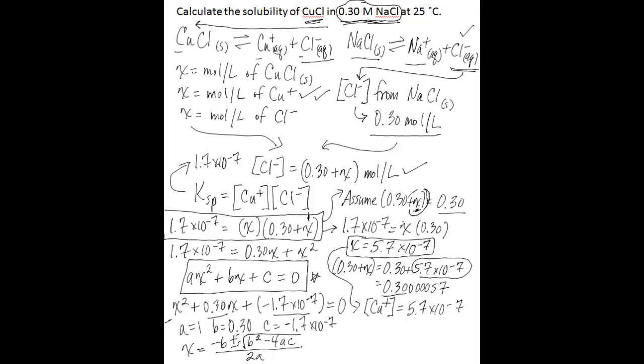And then we also said, because we have that common ion present from the sodium chloride, that the concentration of the chloride anion is equal to 0.30 plus x. And we've already seen that adding x to 0.3 does not change it, so our concentration of chloride is going to be 0.3 molar. So those are the concentrations we're trying to solve for, and we're done with our problem.